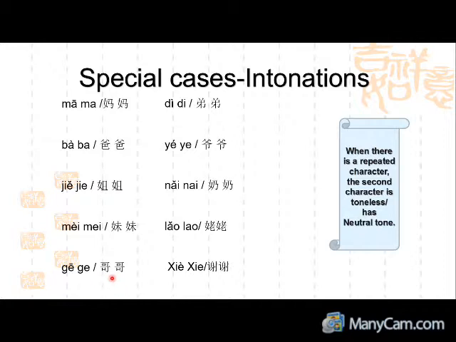Next one, 弟弟. 弟弟, as in younger brother. 哥哥 is older brother and 弟弟 is younger brother.